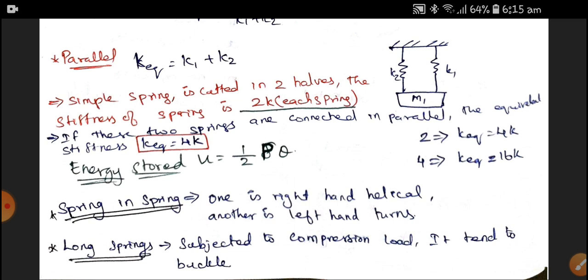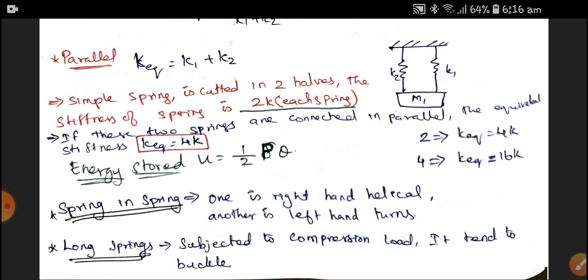What happens if the inner spring buckles more and merges into the outer spring coil? The suspension won't work. That is the problem with the same helical turns, as both right helices will jam at some point. That is why, instead of jamming, we use both a right helix and a left helix in the spring in spring or concentric spring arrangement.